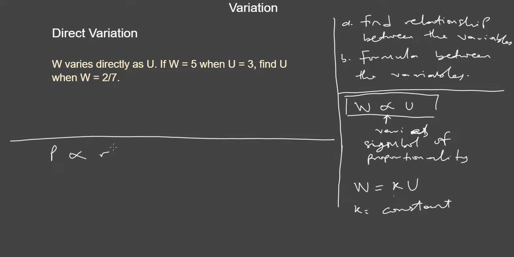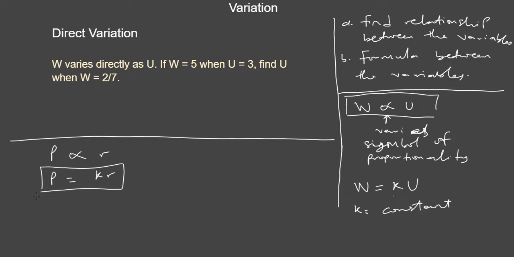So to get an exact formula, you need to go beyond this relationship. And that means you need to determine the exact constant you must multiply to the radius to get the perimeter. And in this case, I will just simply say P equals KR. So this tells me the exact formula for calculating the perimeter of a circle given the radius.